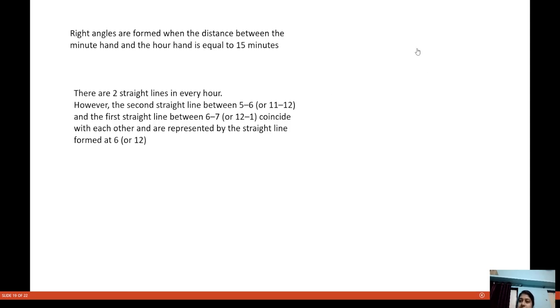something about right angles. Right angles are formed when the distance between the minute hand and hour hand is 15 minutes. For example, if your hour hand is at 12, your minute hand is at 3, that is 1, 2, and 3.